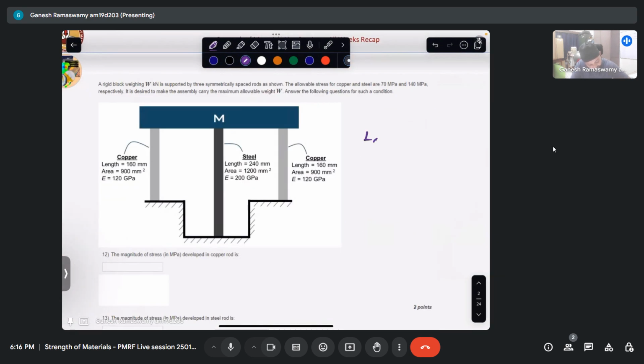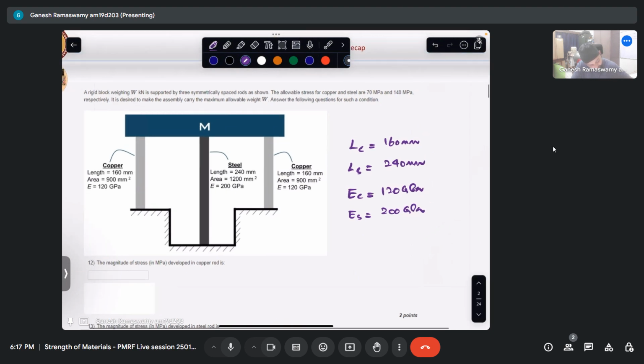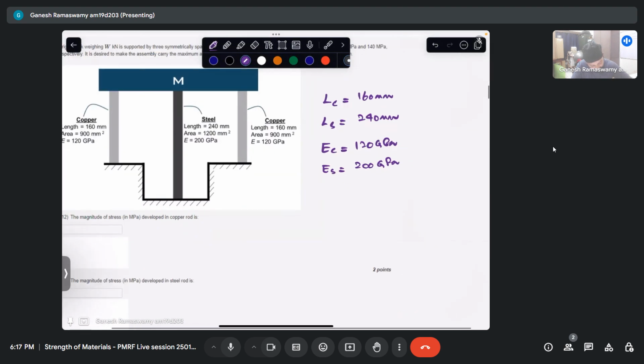LC is 160 mm, LS is 240 mm, EC is 120 GPa, ES is 200 GPa, and then the area of copper is 900 mm squared, and the area of steel is 1200 mm squared.